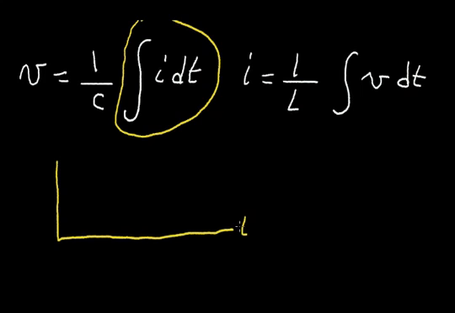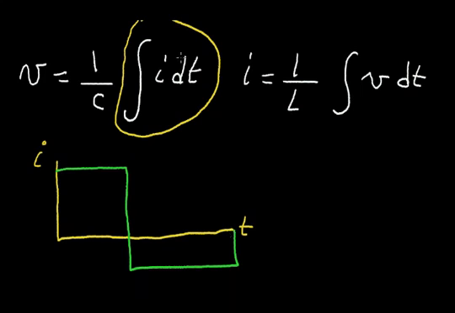So this will be my time axis T and my current axis I. Let's presume that I have a current versus time, that current is more or less constant here, then it changes quickly, it reverses. Current goes negative and stays negative, say until this time here, it goes back to 0 and stays at 0.